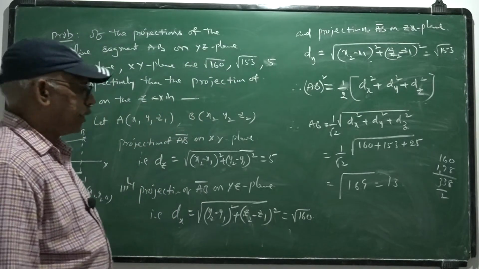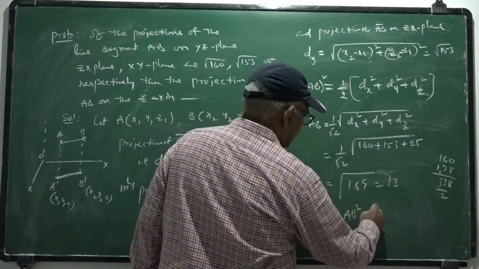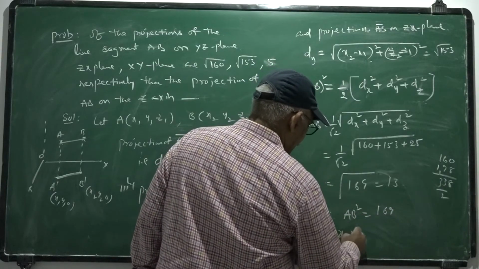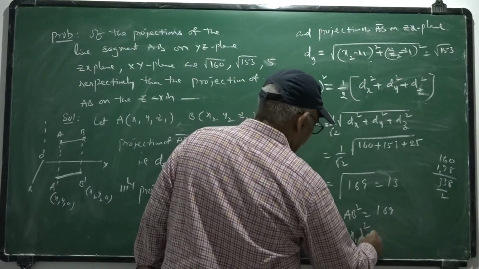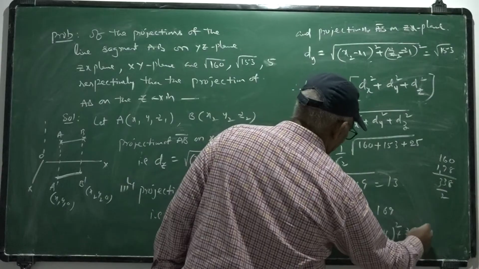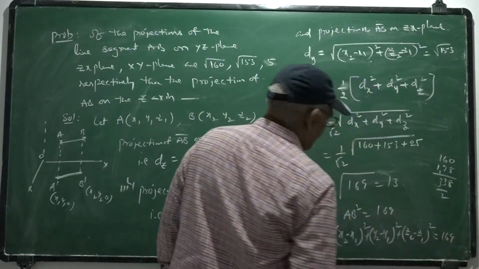AB takes the value 13. AB square means 169. AB square means x2 minus x1 whole square plus y2 minus y1 whole square plus z2 minus z1 whole square is 169.